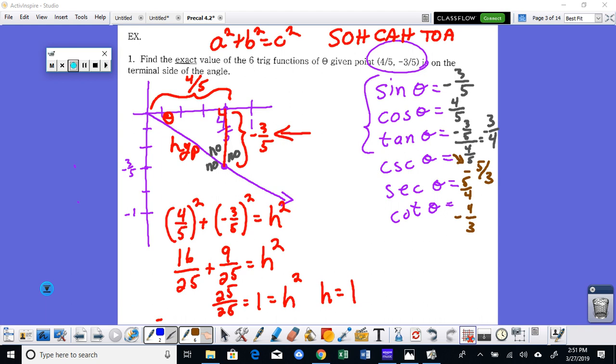So you see, if you can get the first 3, you got the second 3. And they literally just flip.